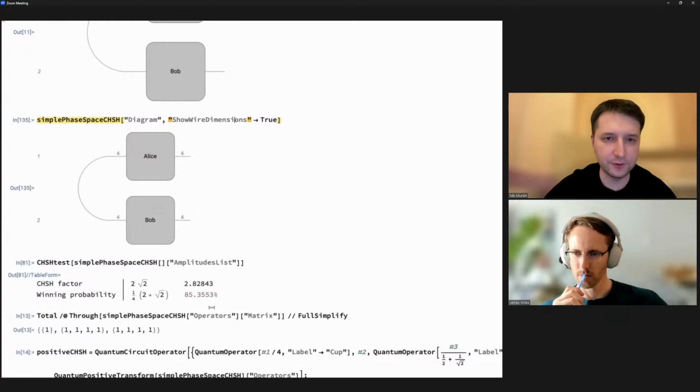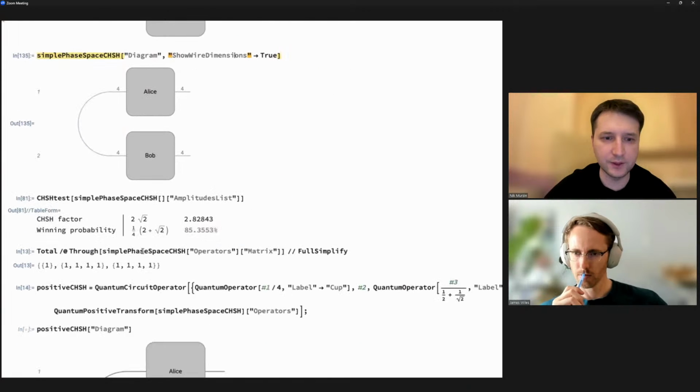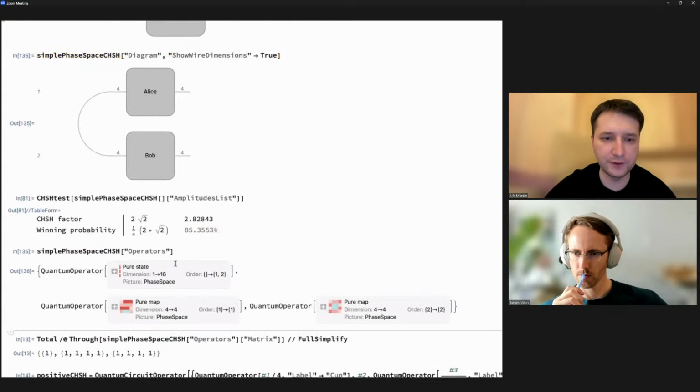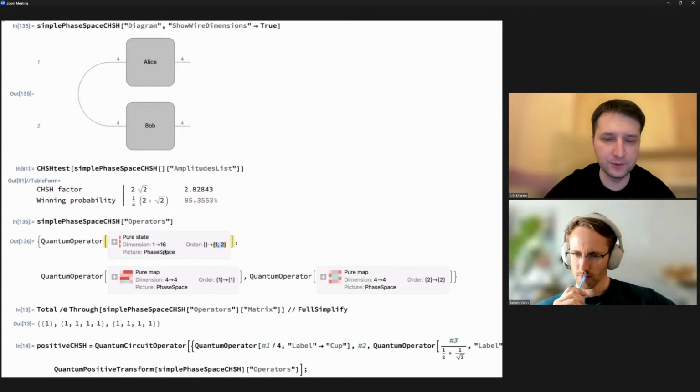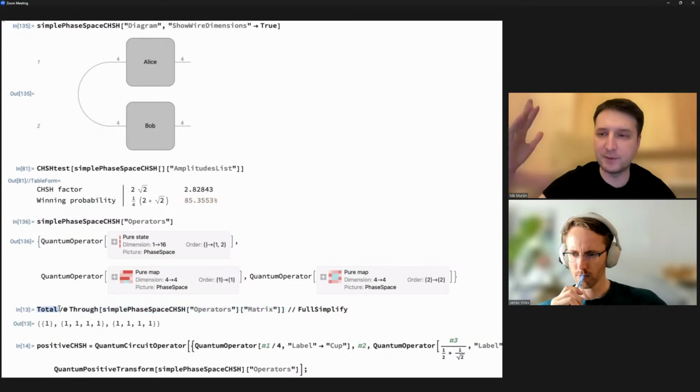And if you notice, you can just extract the list of operators. One corresponds to the Bell state, and two correspond to Alice and Bob, which just have some input and output, right? Which are matrices. And if you extract those matrices and sum the rows or columns, you see that they all sum up to 1.